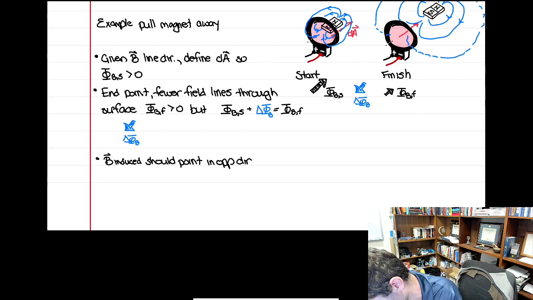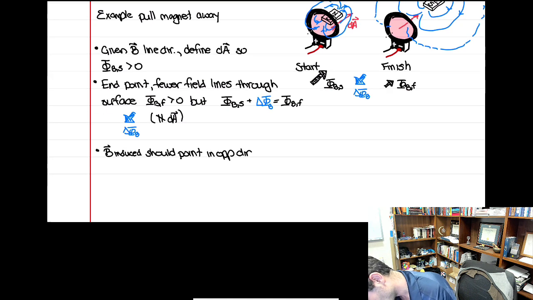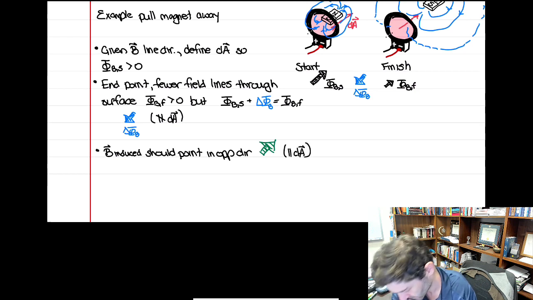So it seems like the blue was anti-parallel to dA, because the flux is decreasing in that it's going away from the positive direction. The B being induced should point in the opposite direction, so that arrow should be the flip. So this is then parallel to dA. That's all well and good.